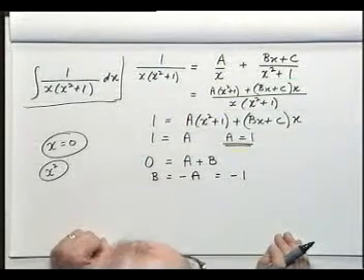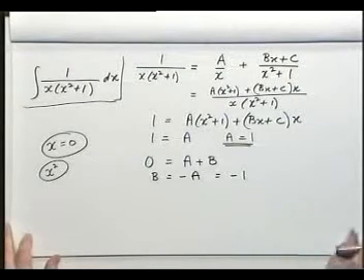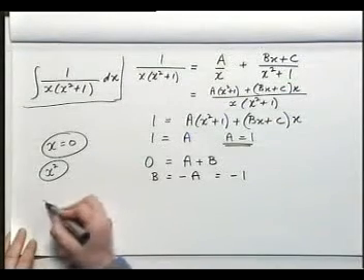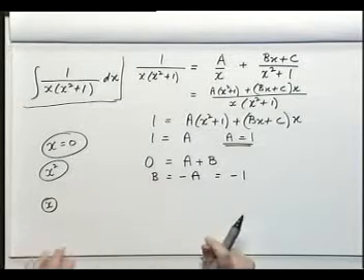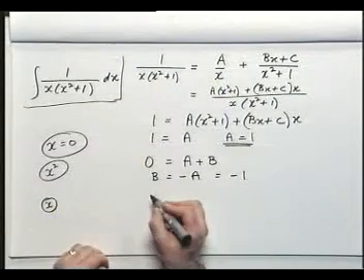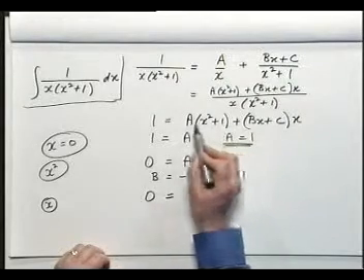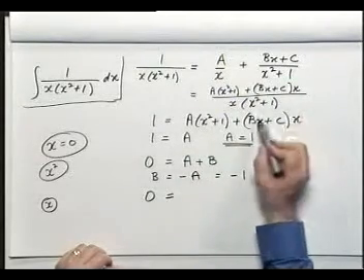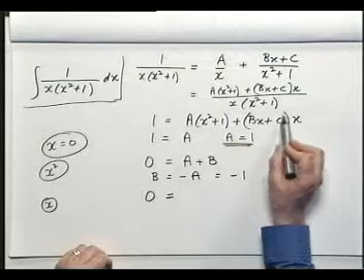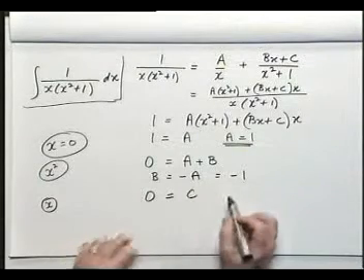We still need to find c, and we'll do that by equating coefficients of x. There are no x terms on the left. There are no x terms in here. There's an x squared term there, and the only x term is cx. So c must be 0.